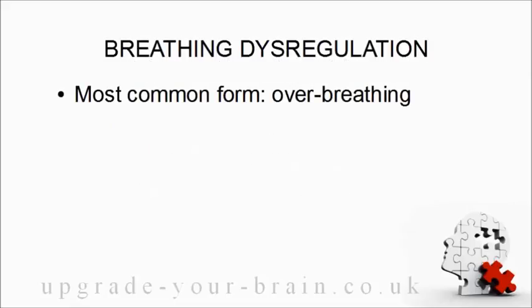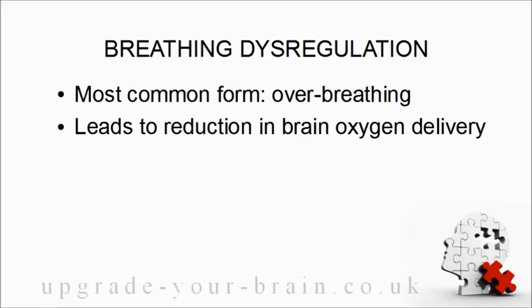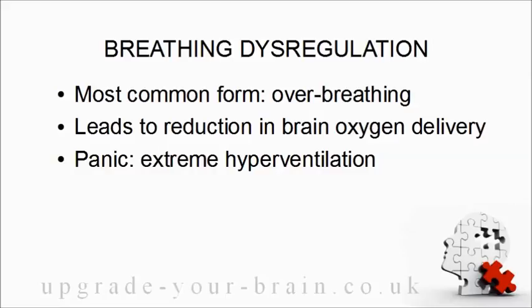The main form of dysregulation is overbreathing or hyperventilation. Paradoxically, overbreathing leads to a reduction in the oxygen supply to brain cells. Most people think of hyperventilation with reference to panic attacks, but the key point here is that hyperventilation is a matter of degree. A panic attack is an extreme degree of overbreathing, where oxygen delivery to brain cells can be reduced by up to 60%.